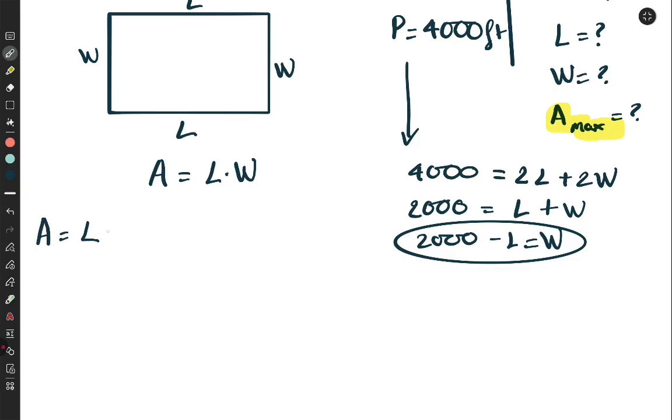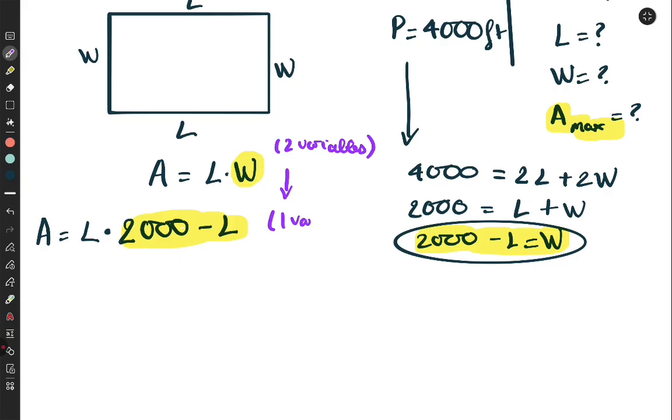Area is now length times (2,000 minus L). Note right here, two variables now become one variable, and when you have one variable, you take the derivative much easier.